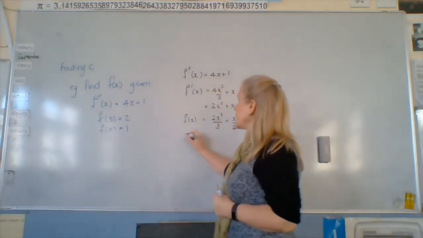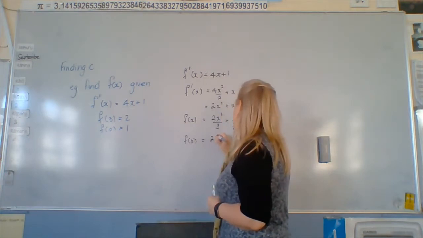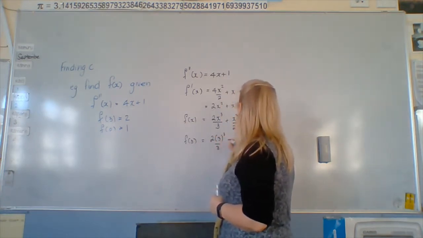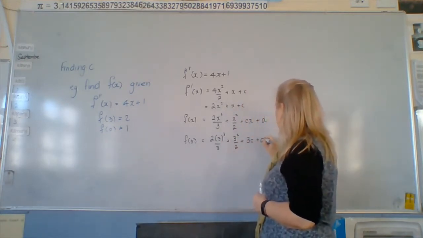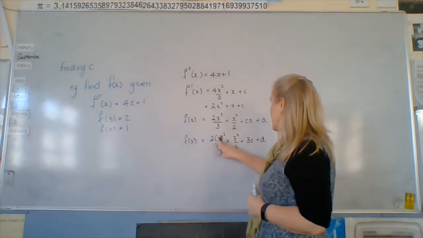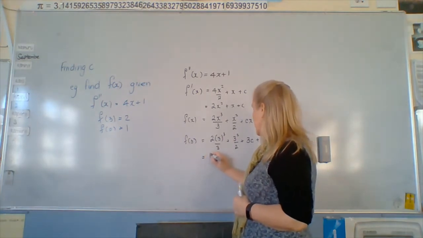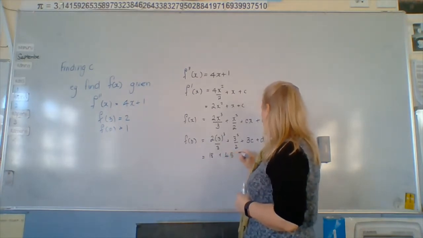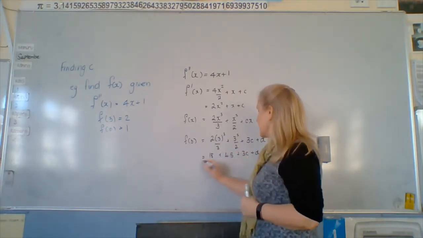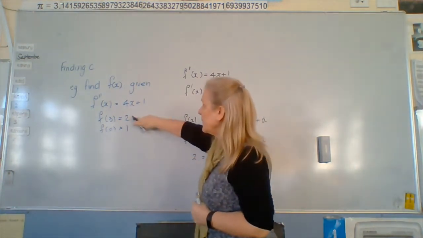All right. So we've got f of 3 is equal to 2 times 3 cubed over 3 plus 3 squared over 2 plus 3c plus d. So that's 27 divided by 3 is 9 times 2 is 18, plus 9 over 2, nice number, 4.5, plus 3c plus d, so equals 2, all right, from here.